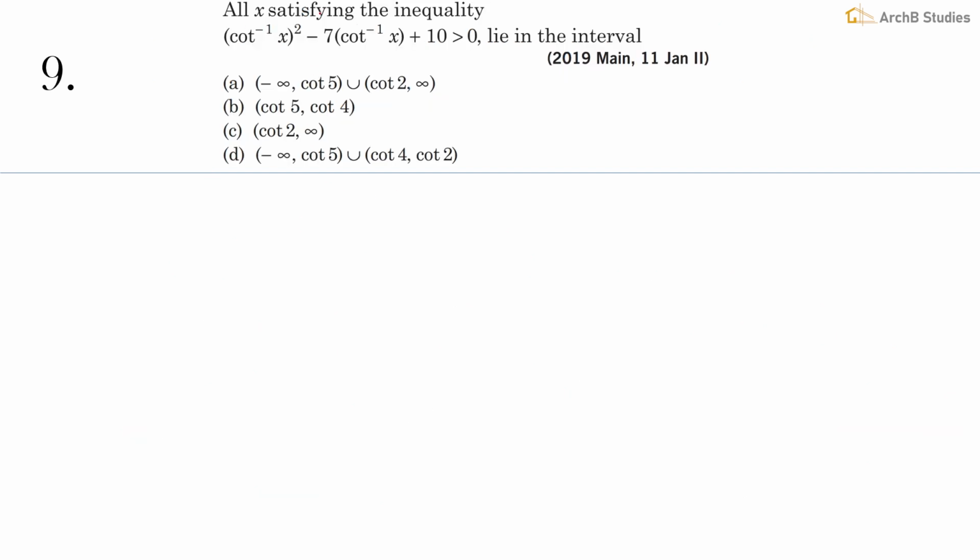Ninth is all x satisfying the inequality cot inverse x whole square minus 7 cot inverse x plus 10 greater than 0 lie in the interval. So we can solve this and we can factorize.